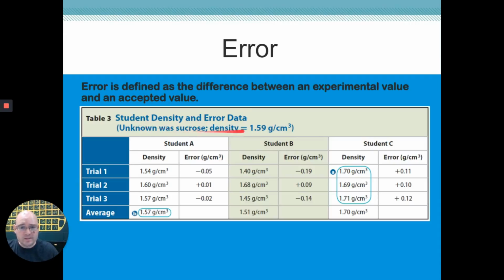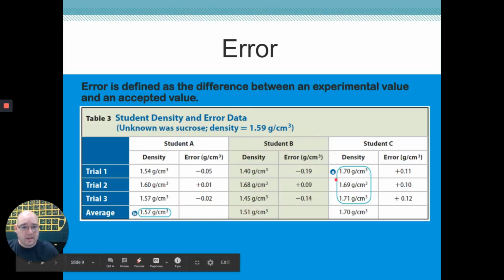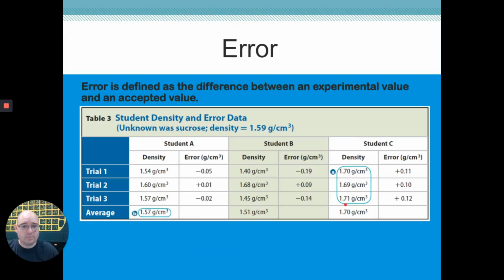So this is a data table from a lab experiment. You'll see 1.70, 1.69, 1.71. These are all really close to each other. They're all very, very close to 1.7. So these are very precise measurements. All right.